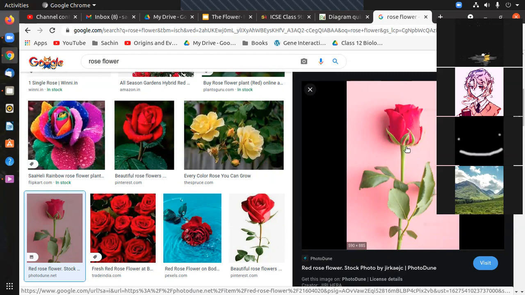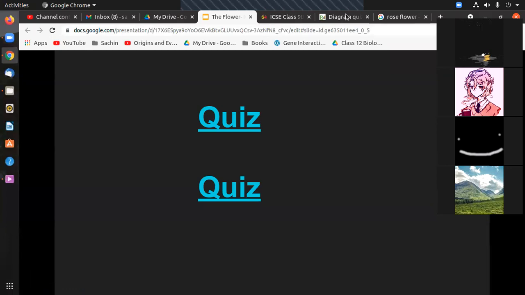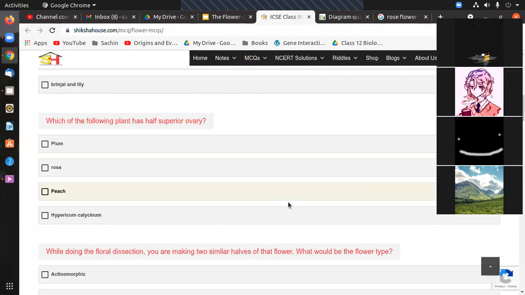And then half of the ovary is within that cup and half of the ovary is within the floral petals. So the actual answer for this is rose. For these two, I'm not sure what this hypertium is.